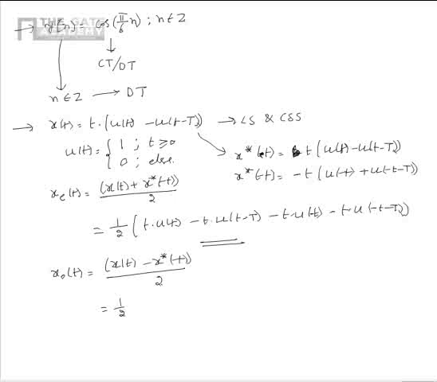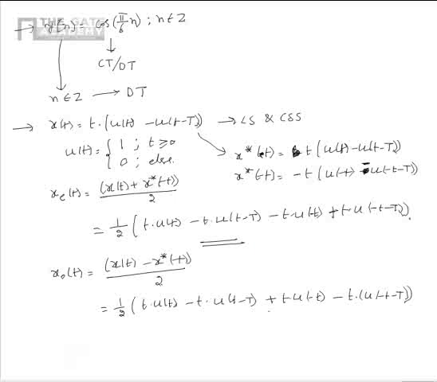Upon substitution, this can be written as half into t into u of t minus t into u of t minus capital T, plus t into u of minus t minus t into u of minus t minus capital T. Sorry, this should be minus, so this would become plus. So based upon this, these signs remain same.